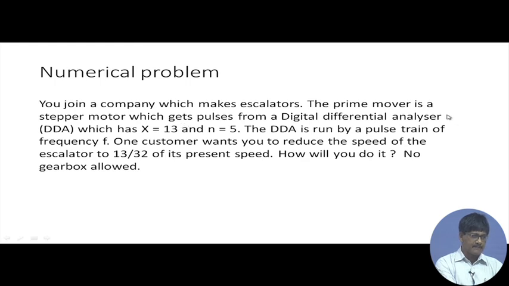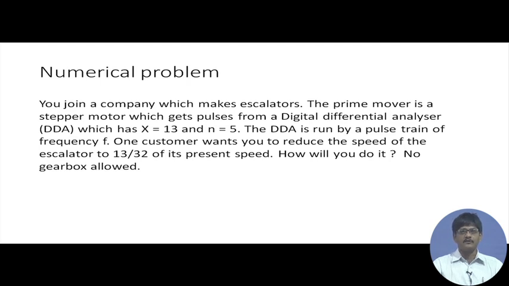The DDA has x equal to 13 and n equal to 5. X is the number which is put inside the counter of the DDA, and the counter has 5 bits. So, the maximum number that it can contain is 2 to the power 5 minus 1.